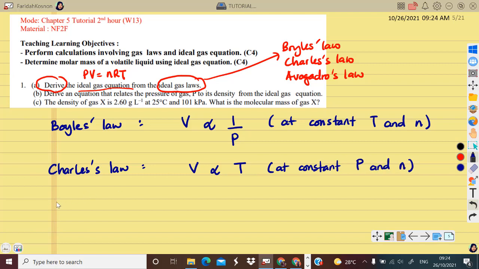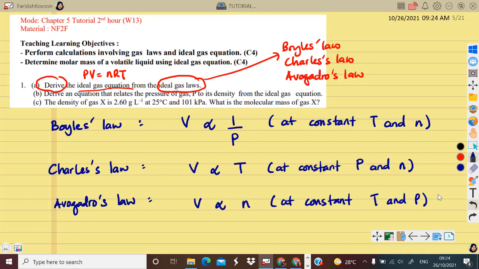And another one, we have Avogadro's law, where the volume occupied by the gas is directly proportional to its mole. Jadi ini berlaku pada at constant temperature and pressure.